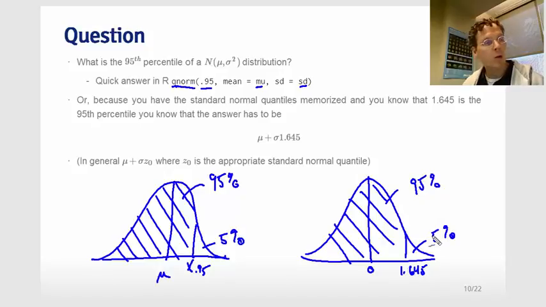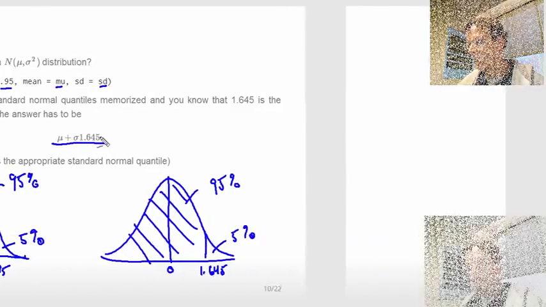So we know that for a non-standard normal, the quantile that has the same 95% below it and 5% above it has to be exactly 1.645 standard deviations from the mean. So we can simply take mu plus sigma times 1.645, and that will have to give us our answer.